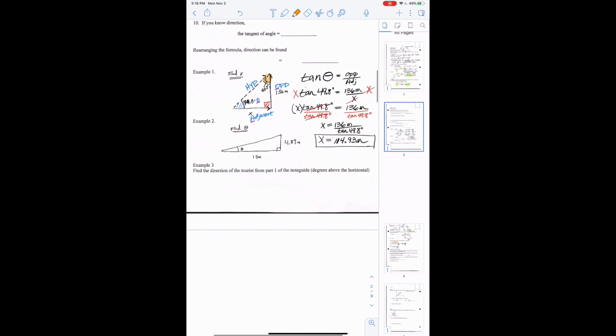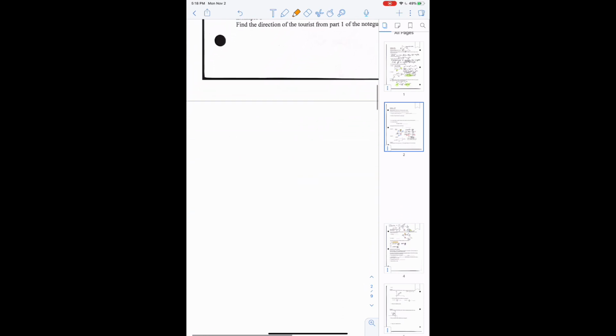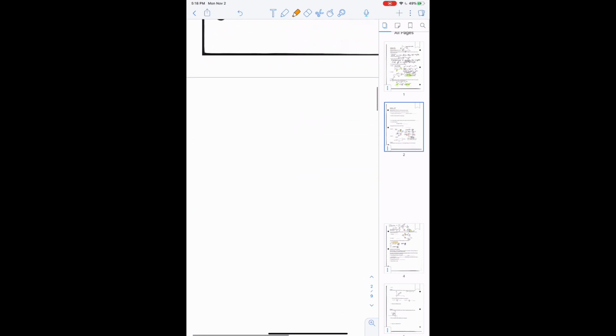I'll talk about radians really quick, just because I did mention them. There is a formula. It goes something like this here. It is theta times r is equal to s.